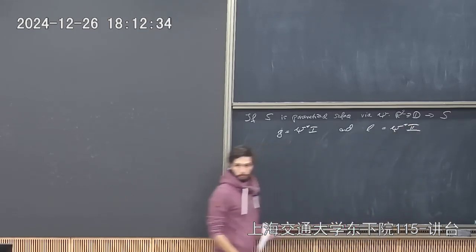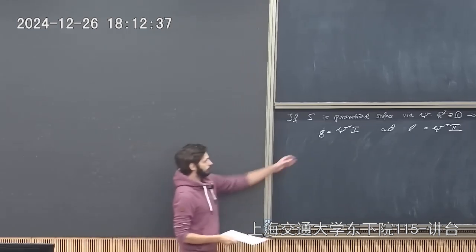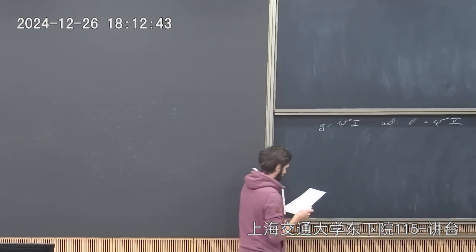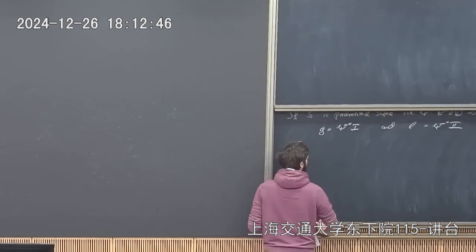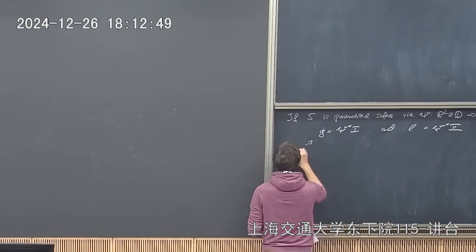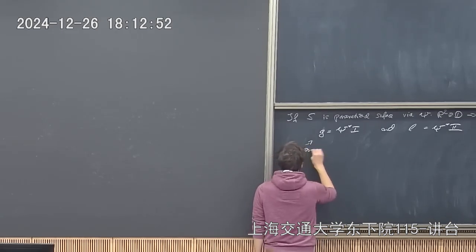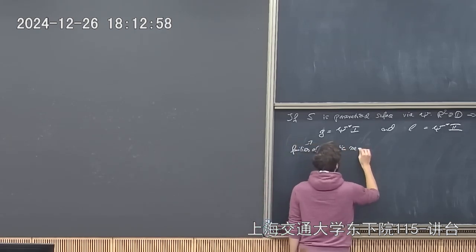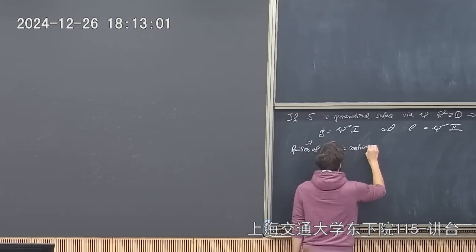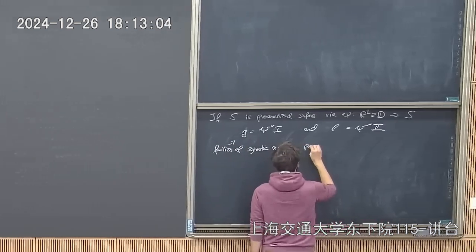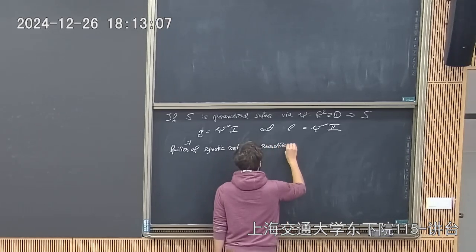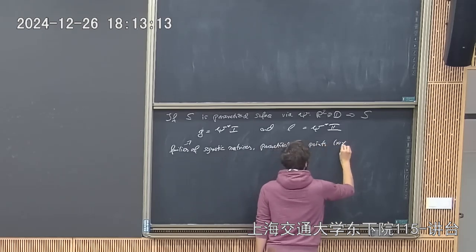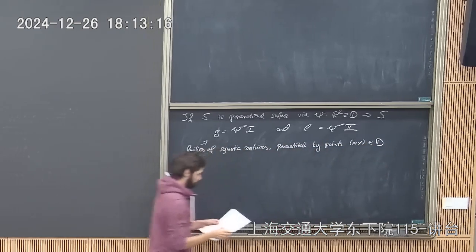And as you have shown in multiple homeworks by now, you get two matrices, usually called G and L. These are families of symmetric matrices, parameterized by points of the domain that we are looking at.